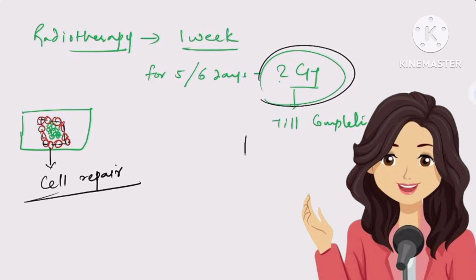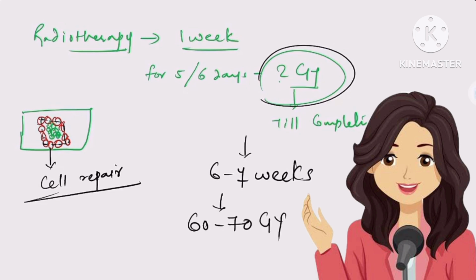So radiotherapy continues for 6 to 7 weeks, 6 to 7 weeks till we complete 60 to 70 grays. Now this much dose is what the patient is getting exposed to.